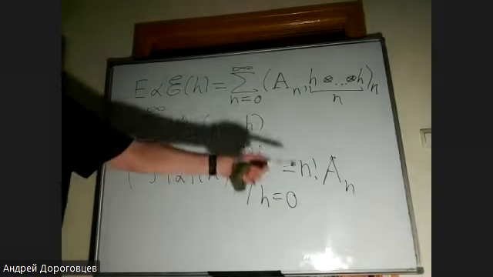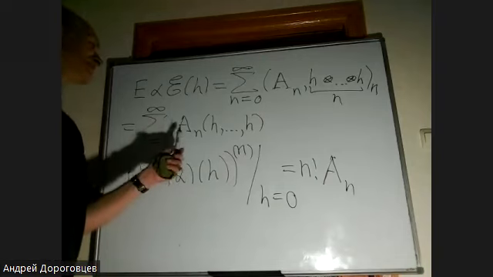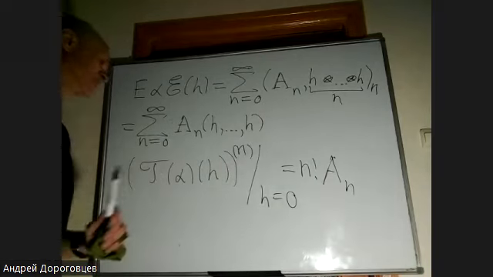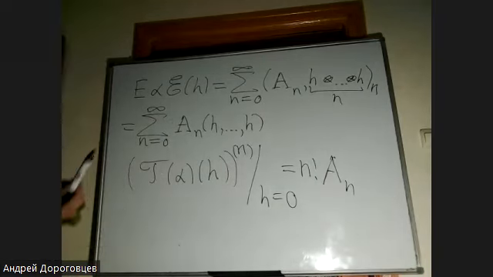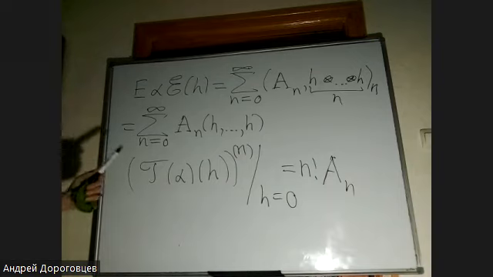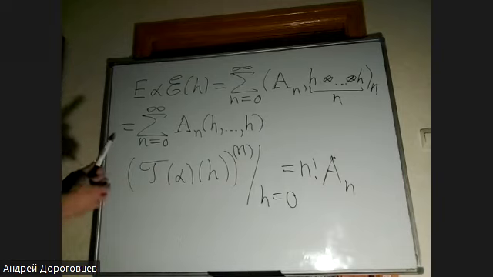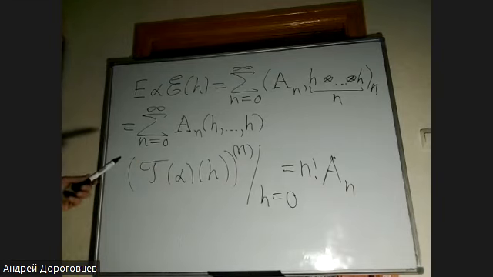So this n-linear form we get as a derivative of the Fourier transform. This is one way how one can get the elements of chaotic expansion for an arbitrary random variable.